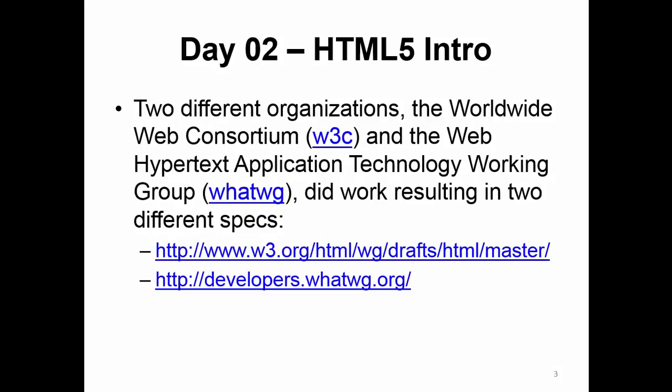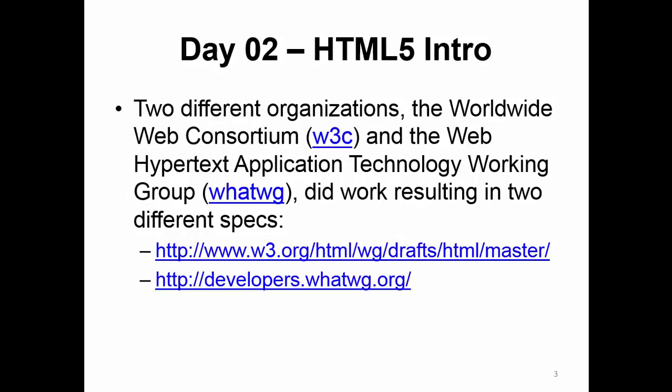So again, two different groups were getting together and decided that maybe HTML needed a facelift and we needed a new HTML. So these two organizations, and you can click on any of the hyperlinks that are in here, are the World Wide Web Consortium, which is the W3C, and what's called WHATWG, which is the Web Hypertext Application Technology Working Group.